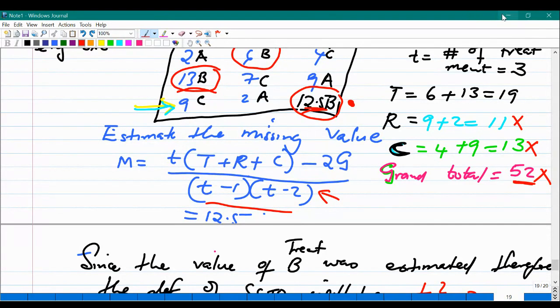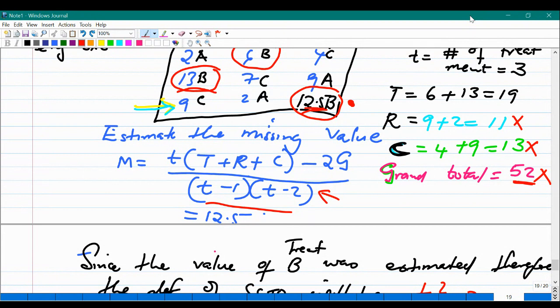So, Sir, when you find the missing value, let's say on this example, we got 12.5. Are we going to write it as a whole number or as a decimal? Yeah, maybe you can check the other values. Are they having decimals?